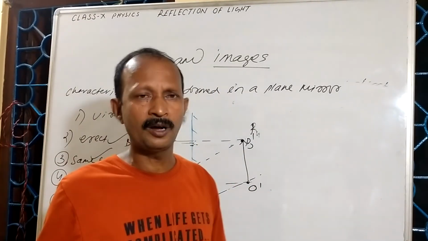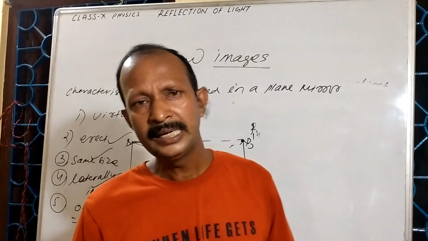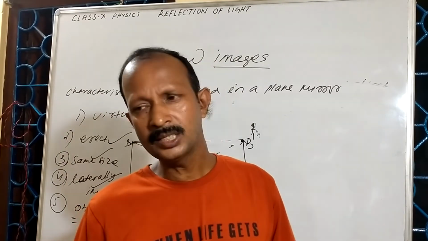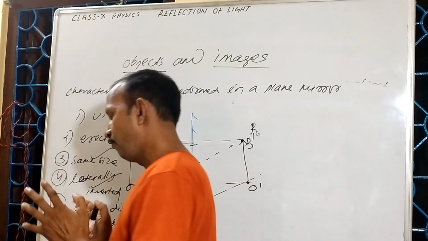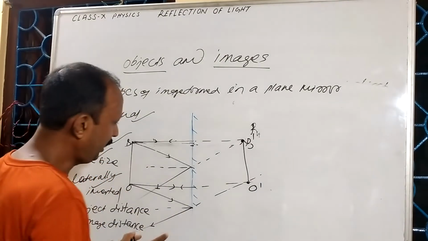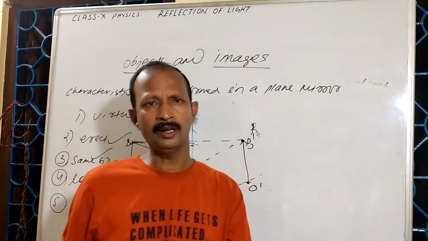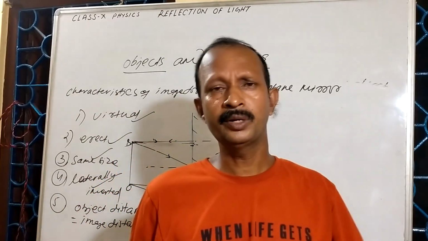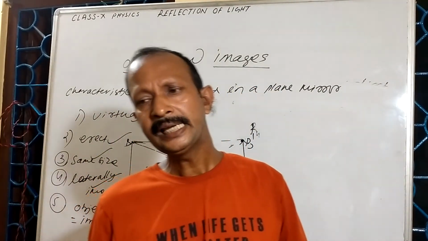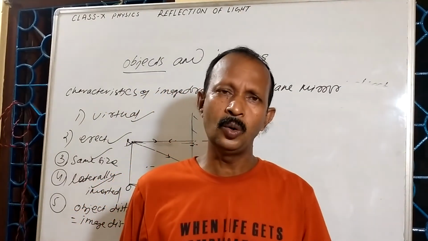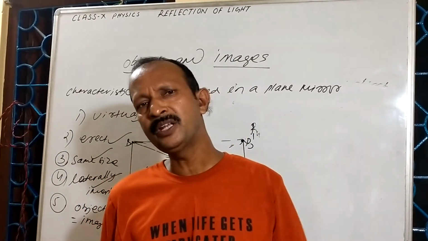So the image formed in a plane mirror is laterally inverted. So this is about the formation of an image, whether of a point object or an extended object, in a plane mirror. And I hope that you also know the uses of a plane mirror.